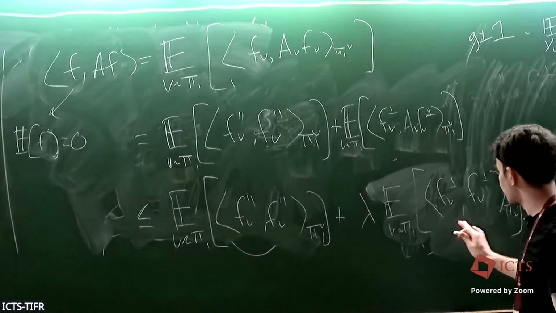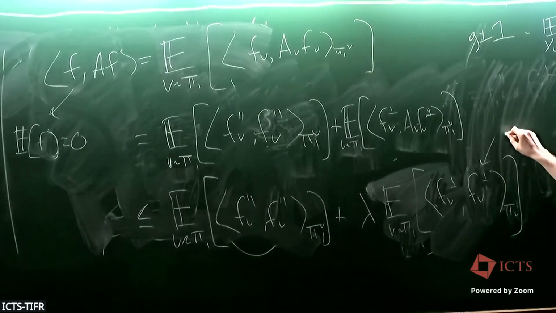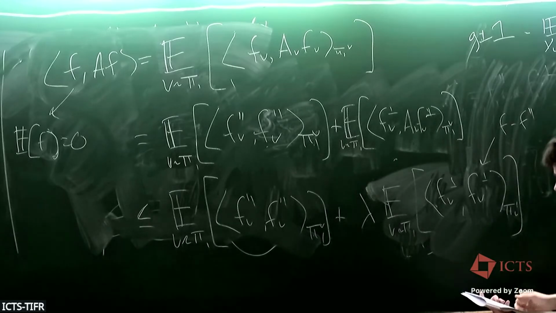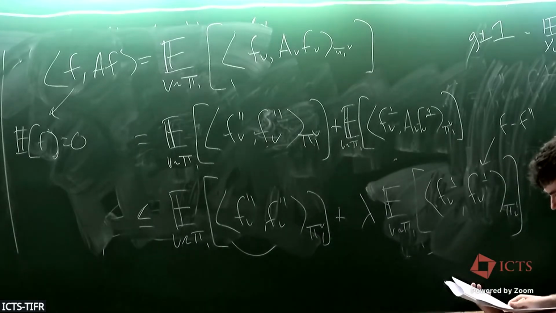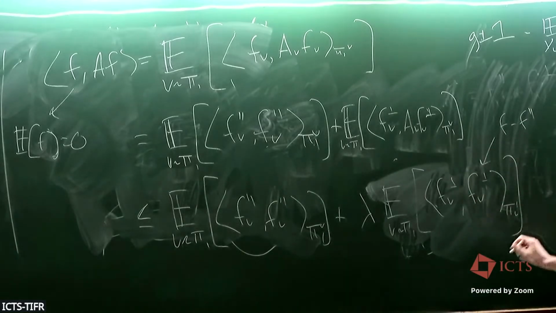Okay, there's one more step here, which is that F perp is equal to F minus F parallel. Let me double check. Yeah, this is F minus F parallel.